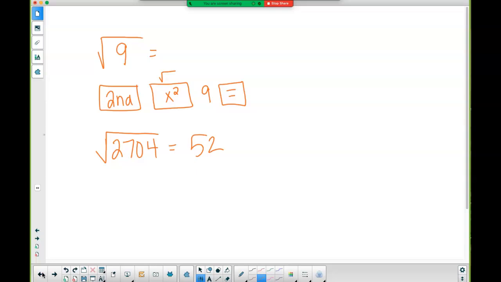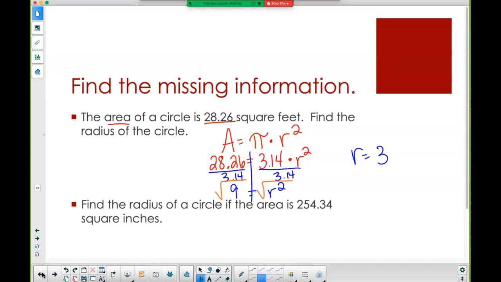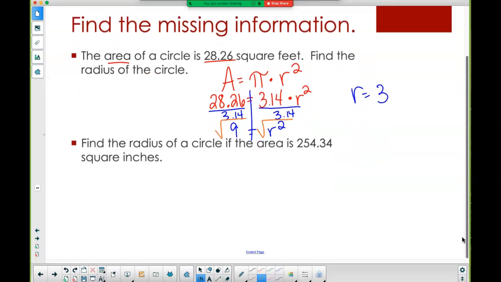Okay. All right, so let's go back to this last problem. Find the radius of a circle if the area is 254.34 square inches. So we're going to start with area. A equals pi times radius squared. Okay. We're going to substitute what we know. The area is 254.34.